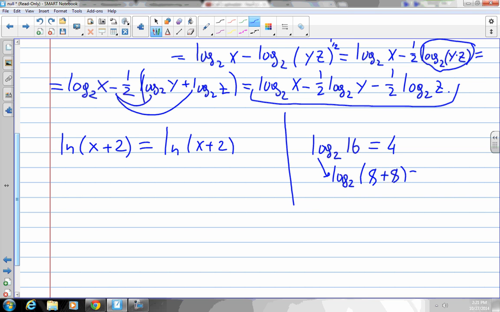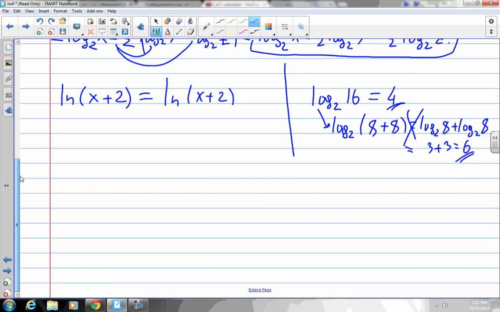And if I decide to distribute, log base 2 of 8 plus log base 2 of 8, well, that's 3 plus 3, and that's 6. Not the same as 4. So that's wrong. I'm getting different answers, and that shouldn't happen. So the log does not distribute through sums or differences. It can only deal with a product.